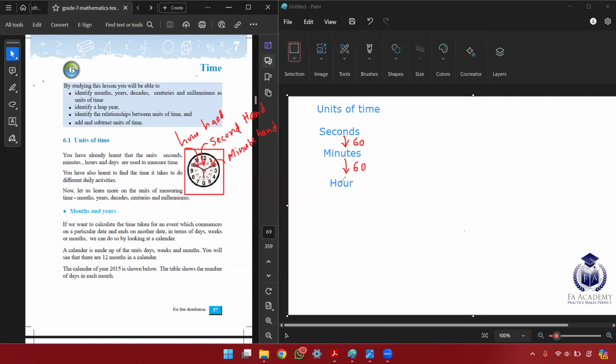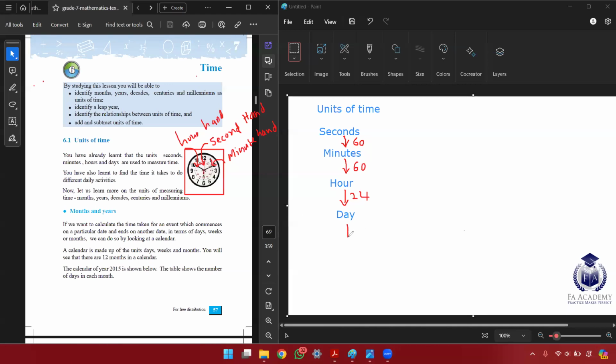So you have hours, and when you have 24 hours, we call it, what do we say? It's a day. So you need to know this relationship between seconds, minutes, hours, and days. So let's say you need to make a month.